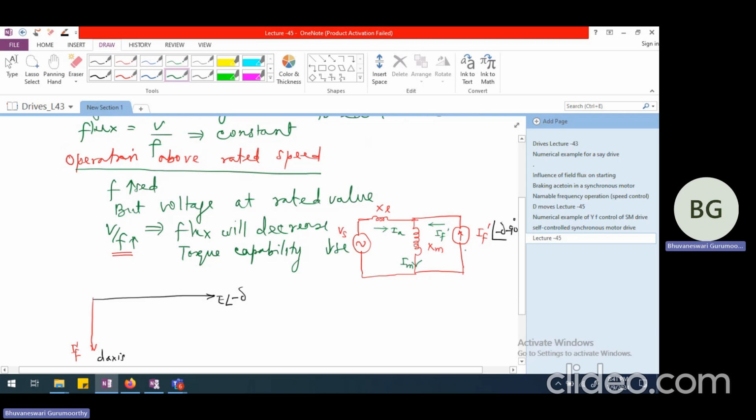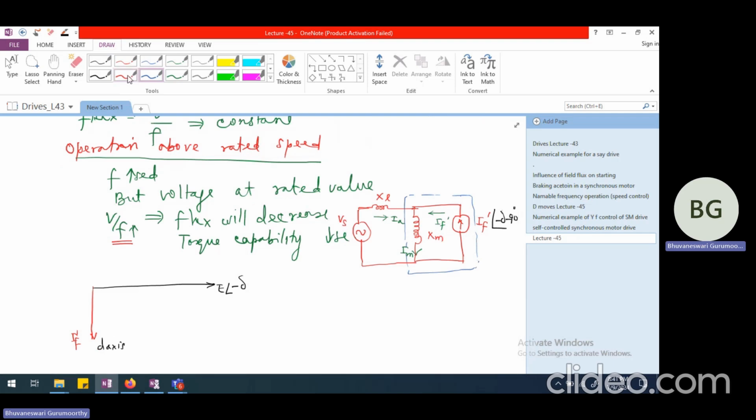Now, if we consider this complete portion as a Norton's equivalent circuit, consisting of a current source and an impedance, this can be replaced by a Thevenin's equivalent circuit. I should be able to draw it somewhat like this.